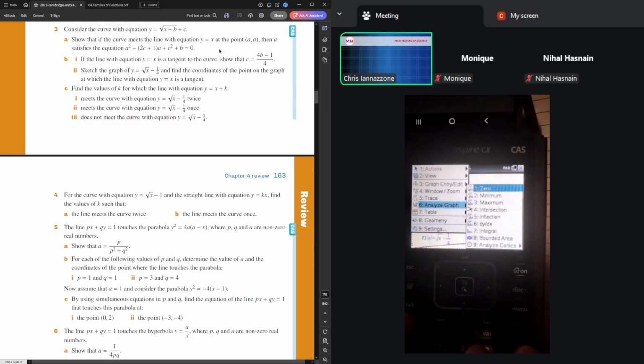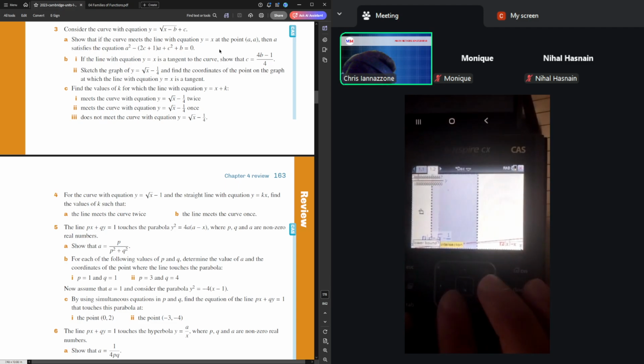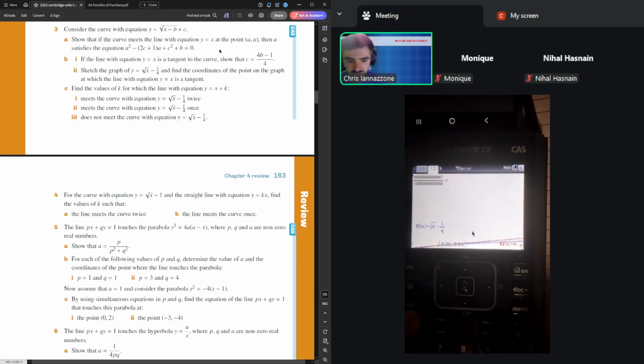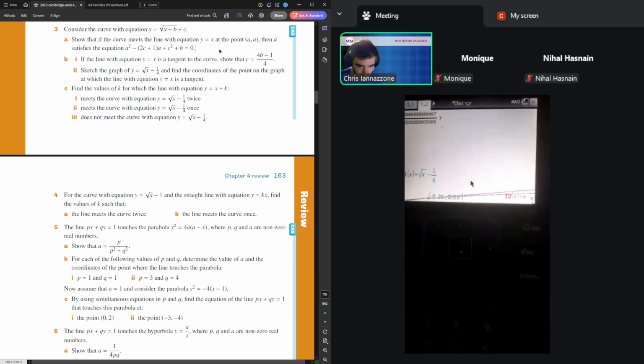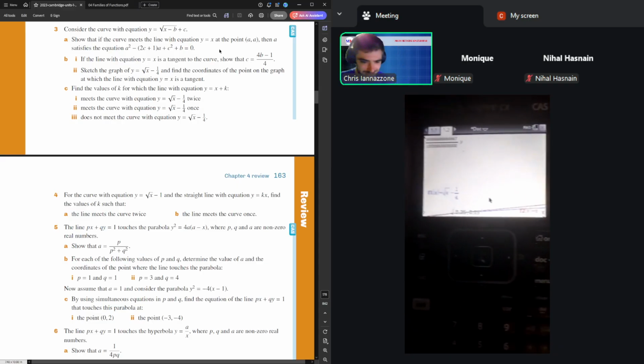And we'll get our analyze graph tool to find the intersection. And there it is, a quarter. Obviously it's going to give it in terms of decimals because of the nature of the graphing tool. But otherwise, this is the sort of thing you do to make sure you're getting the right answer.